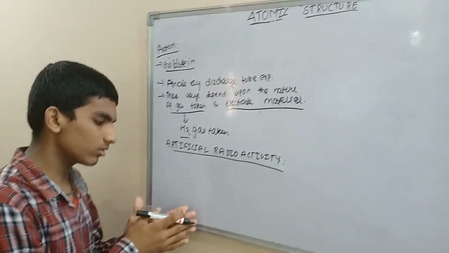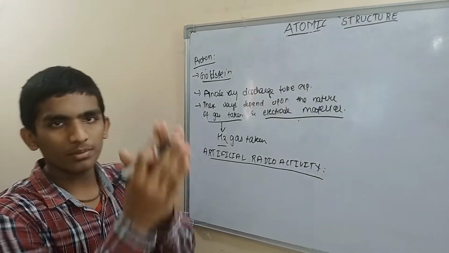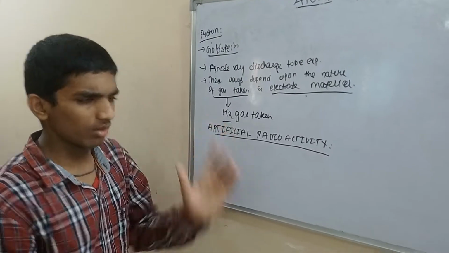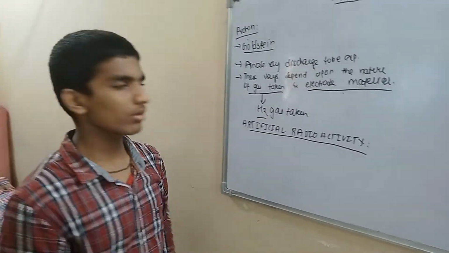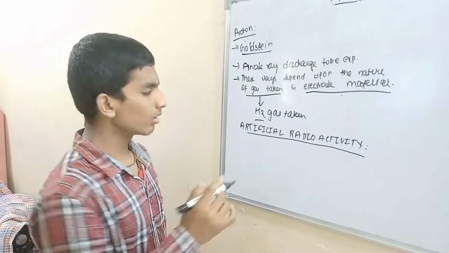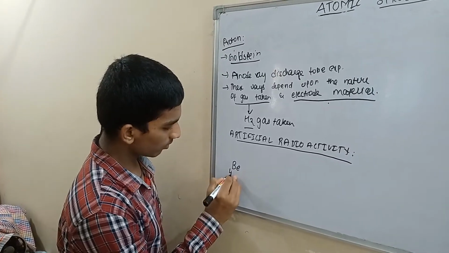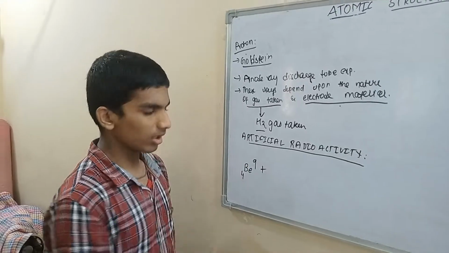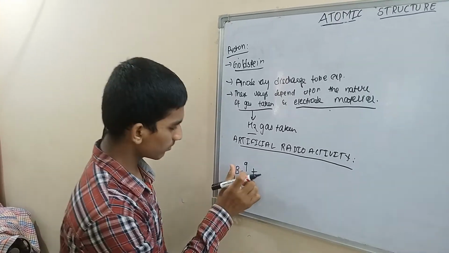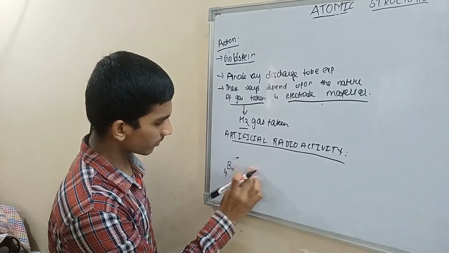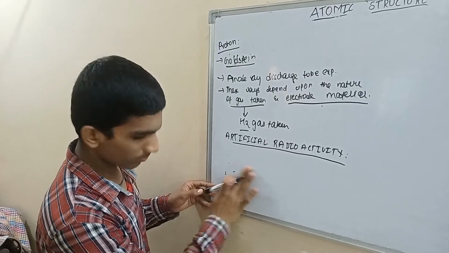We don't take a discharge tube, pass electricity, keep a perforated cathode and get positive rays. No need. Beryllium? No need of beryllium, that's another case. Don't take beryllium.